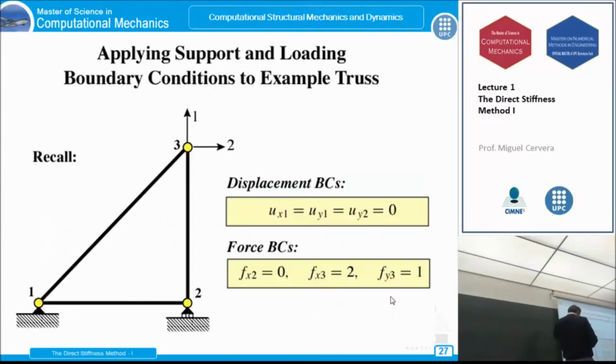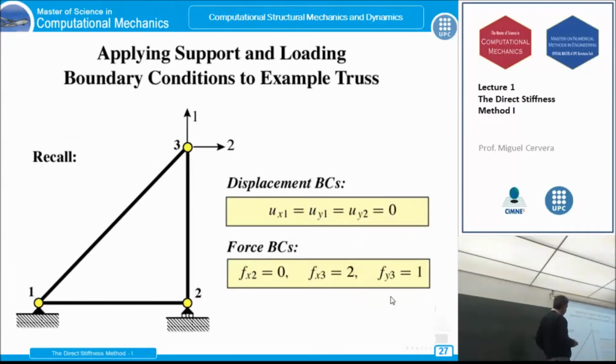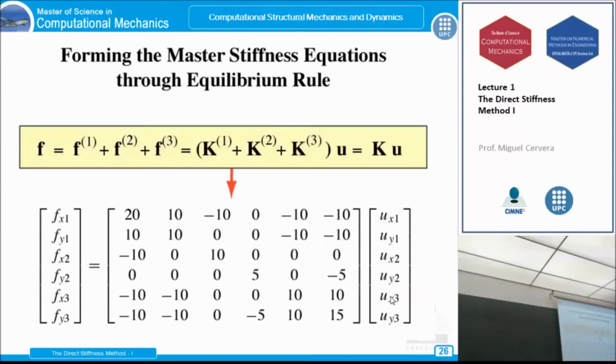Okay? Now, that's relatively easy, because this is the original problem, that is the problem that we wanted to solve. So we want to impose these three known displacements, and we have to impose these three known forces, okay, on this.